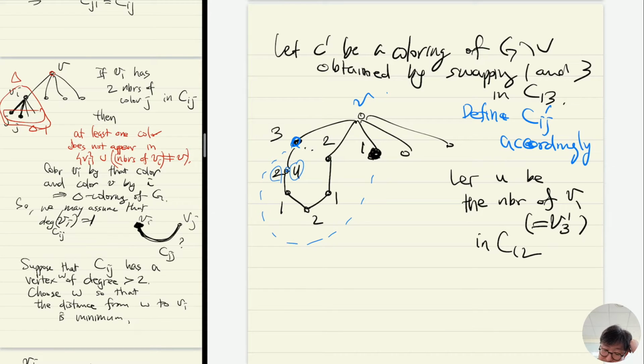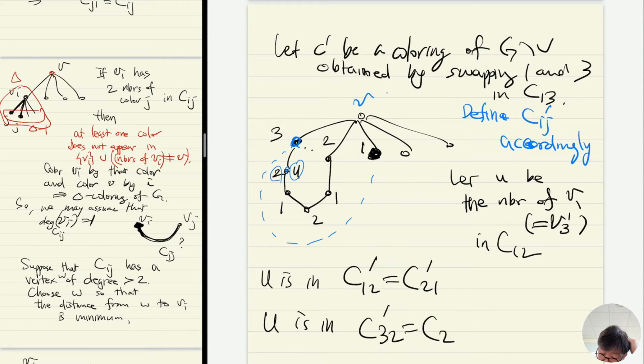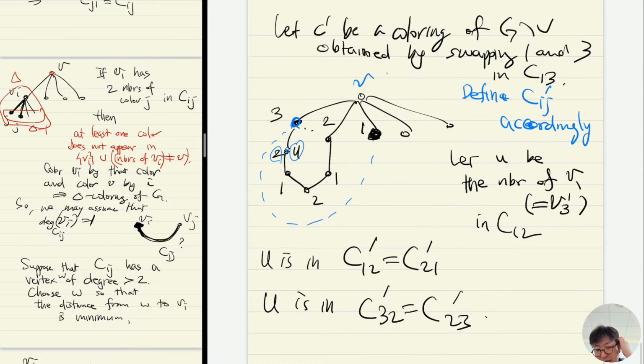Now, in the new coloring, U is in C12 prime, which is equal to C21 prime, and it's contained over here. And U is also in C32 prime, which is equal to C23 prime.